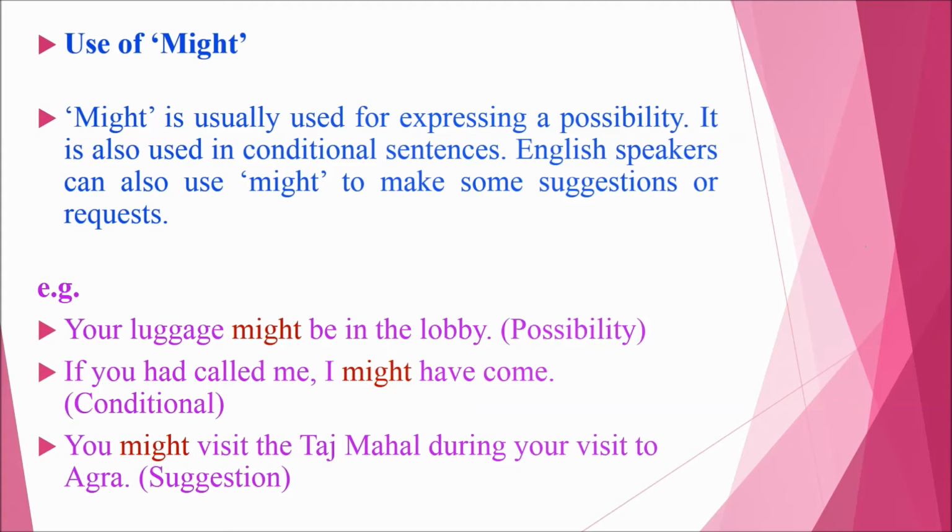This sentence denotes possibility. The next example sentence is If you had called me, I might have come. This sentence refers to conditional, that is, if clause. The next example sentence is You might visit the Taj Mahal during your visit to Agra. This sentence denotes suggestion.